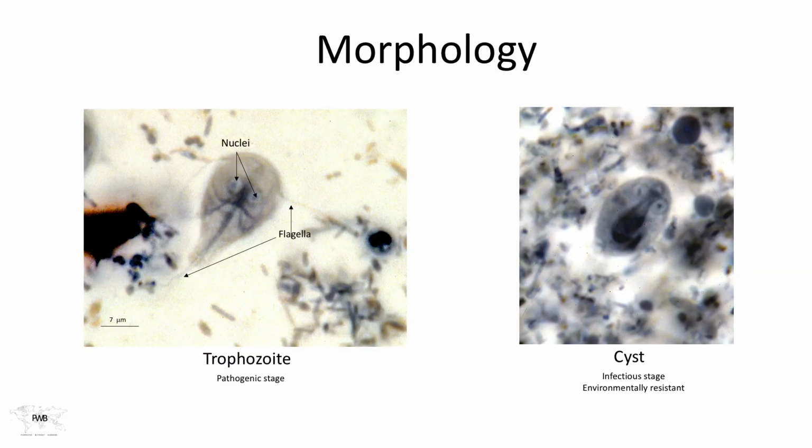In this case, Giardia, the trophozoite, is not infectious for another animal, but its resistant stage, the cyst, is. So this is an interesting pattern that this protozoan has developed in order to spread from one place to another. And that's probably the reason why it's been so successful throughout the world.